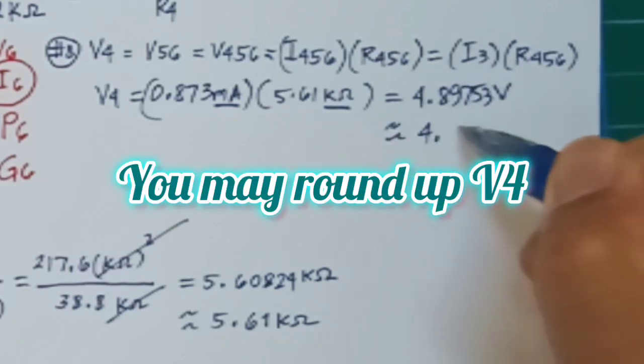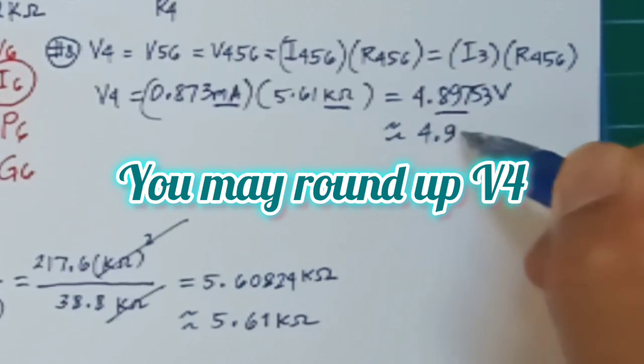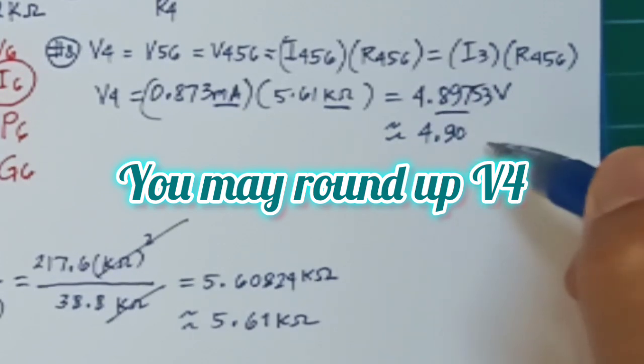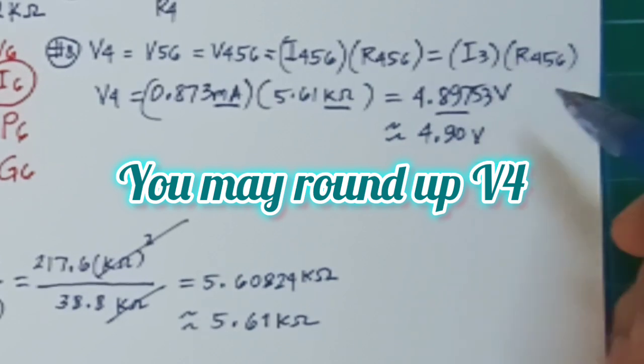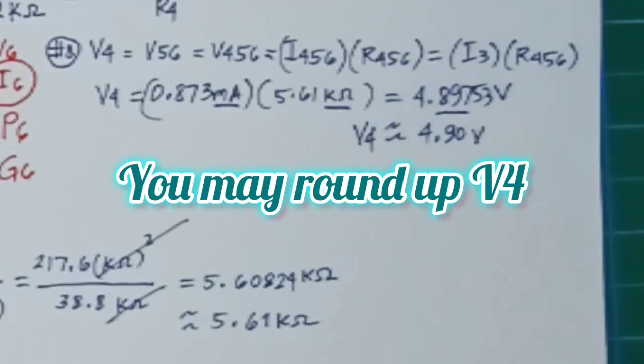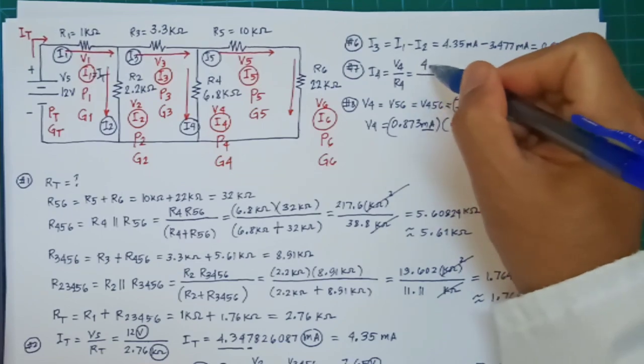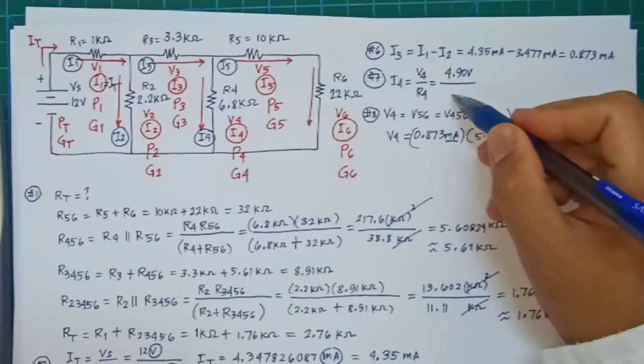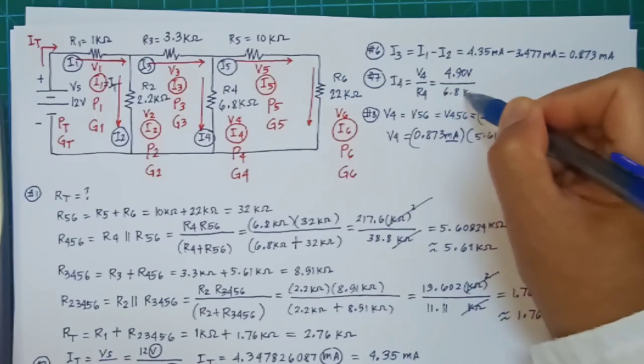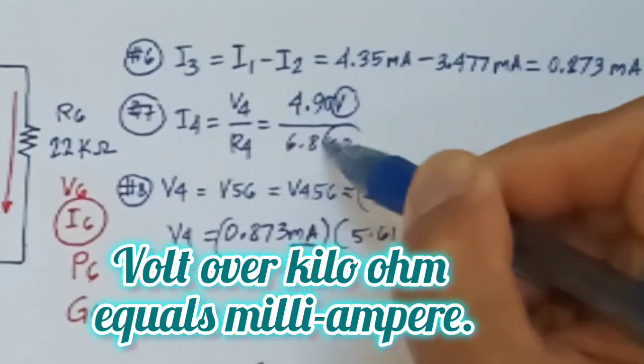And there you go, we got V4. We can round it to 4.90 volts. So V4 equals 4.90 volts. Now we got the value of V4, we divide it by R4, and we will have the value of I4.